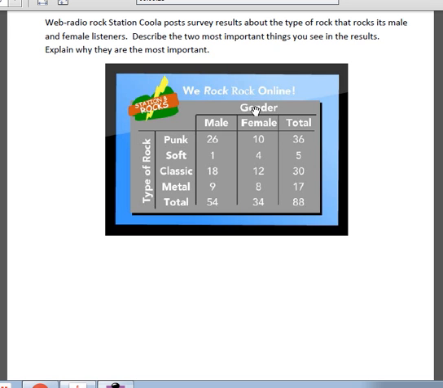It's two-way because the rows and the columns are basically different questions or different responses, and then they cross to form the values under each particular column and row.